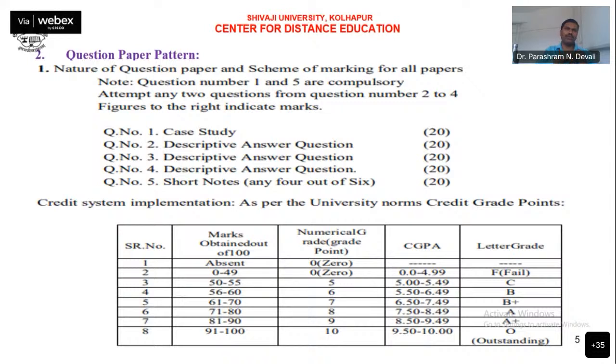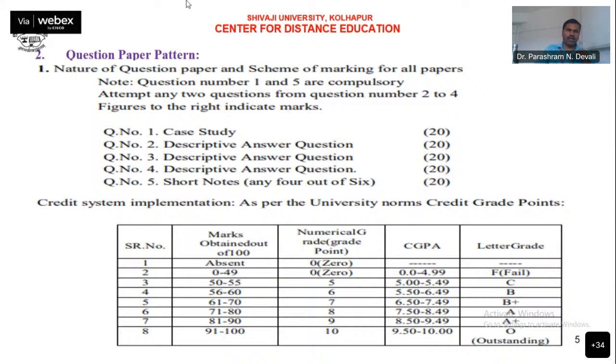Then, for exam purposes, we should know the exam question paper pattern. There is a nature of question paper and scheme of marking for all papers. Note: question numbers 1 and 5 are compulsory. Then attempt any 2 questions from question numbers 2 to 4.